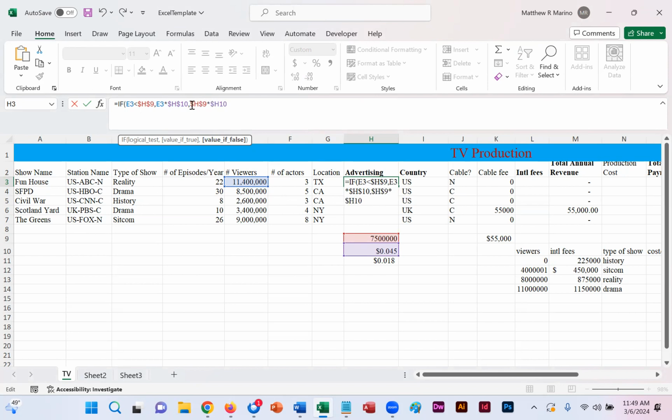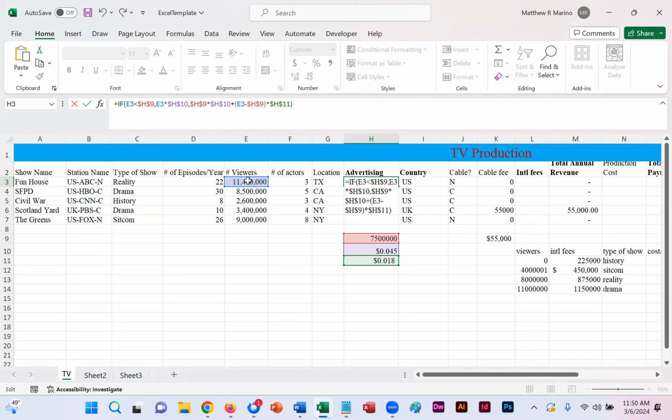We make both of them an absolute because we're going to auto fill this down. Plus, inside the parentheses, our number of viewers minus the 7.5 million, which gives us anything that's left over past that 7.5 million. And we make wherever you put the 7.5 million an absolute. And then we multiply that by the little under 2 cents. And then we close out our IF function.